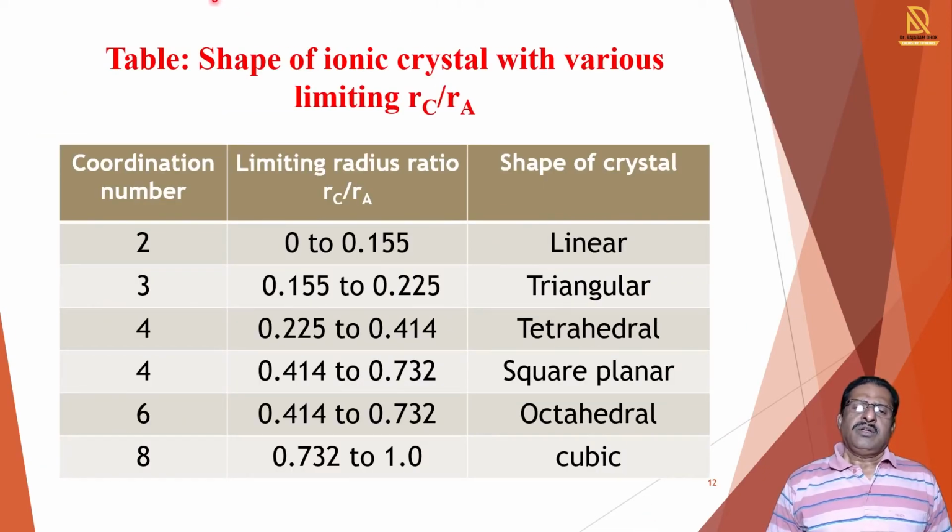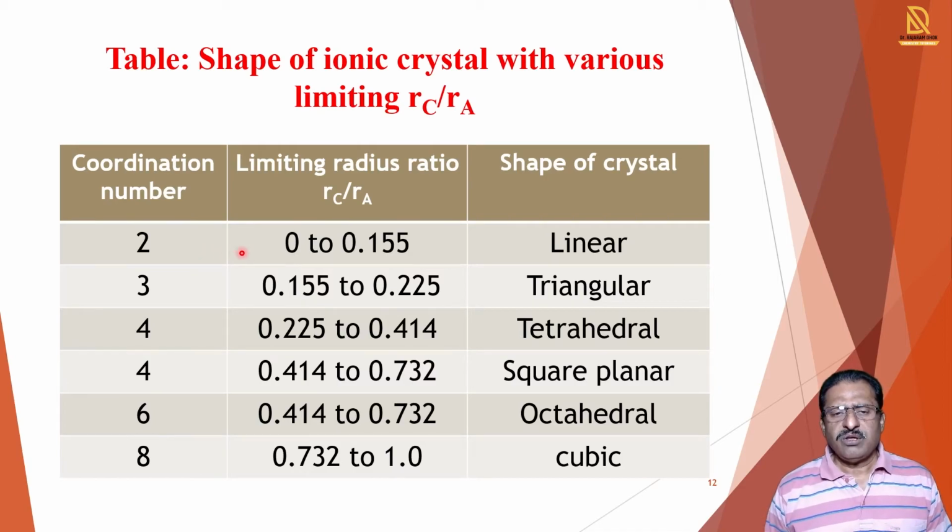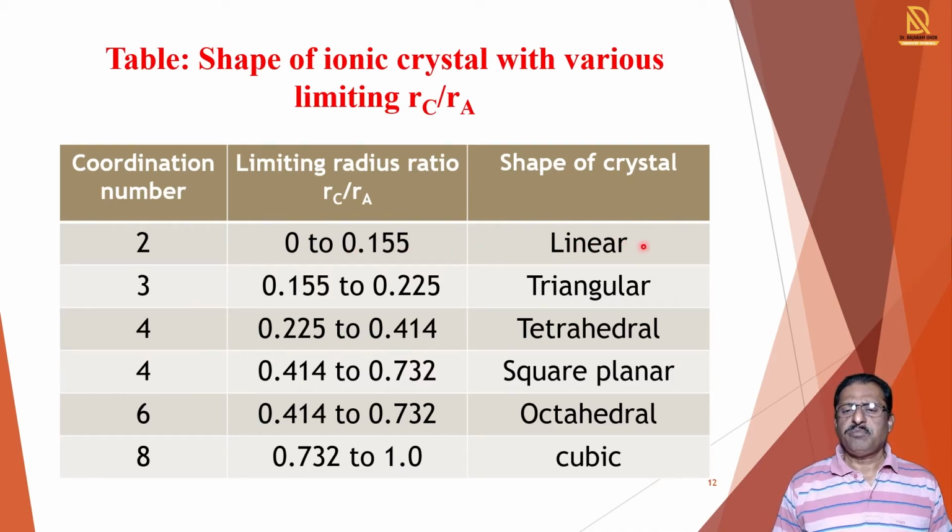So here different ionic crystals and their limiting radius ratios are given, and from that the particular shape of that crystal is observed. In this table, coordination number, limiting radius ratio and shape of crystal are given. For coordination number 2, the limiting radius ratio is in the range of 0 to 0.155, and the shape of the crystal is linear.